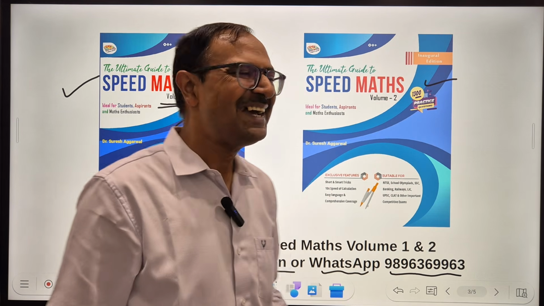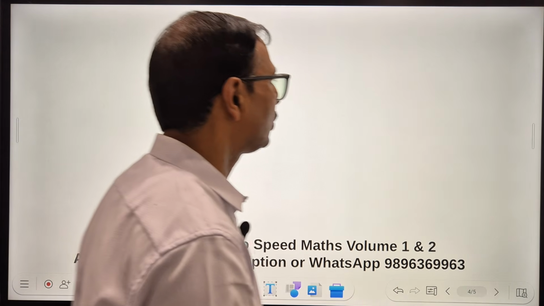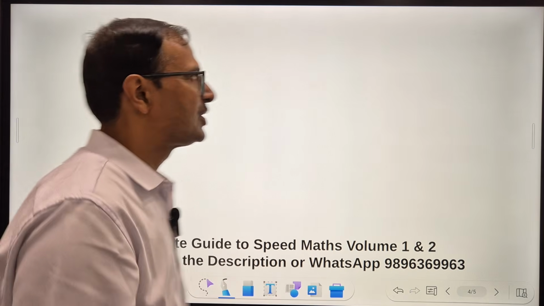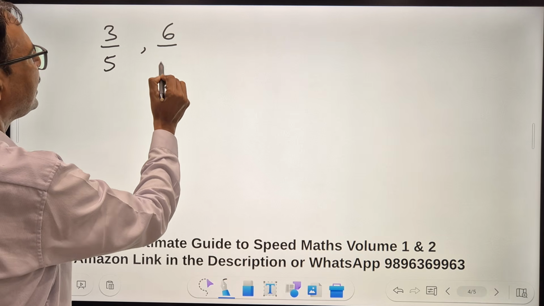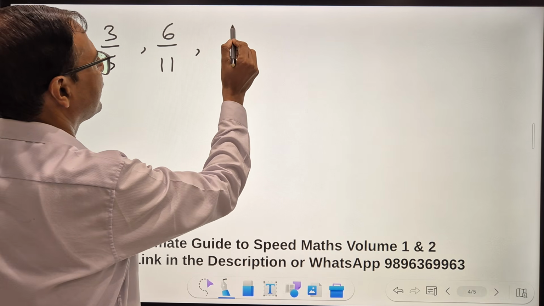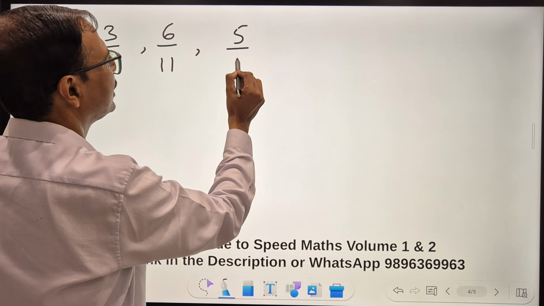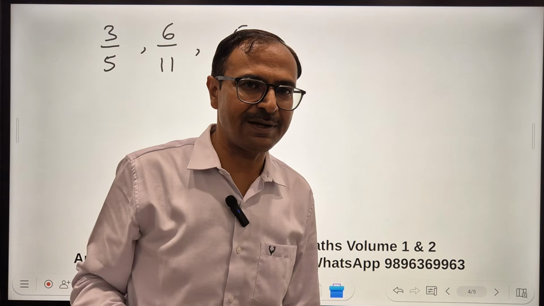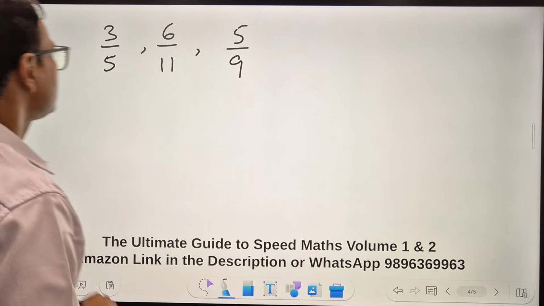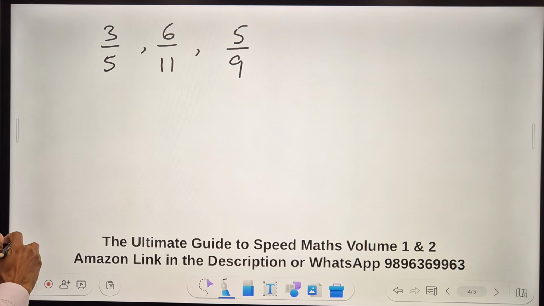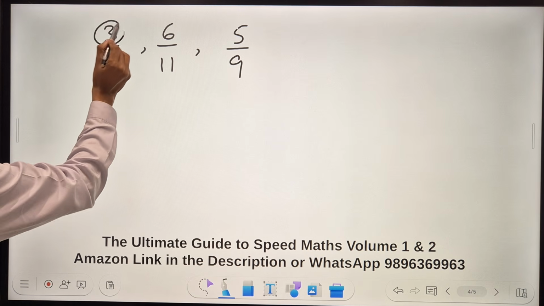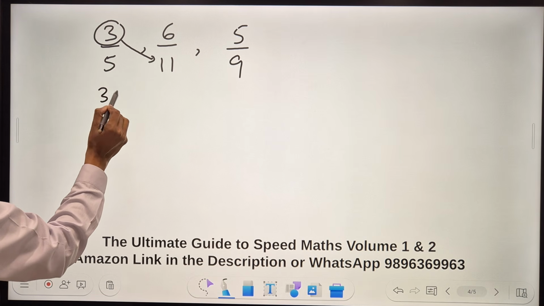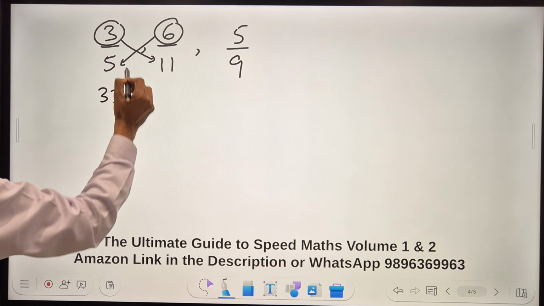So friends, let's have one more question where I'm going to find the largest fraction now. So let's take 3 by 5. How about 6 upon 11? And taking say 5 upon 9. I want to find the largest among these three fractions. First of all, I am going to compare the first two. 3 gives a product of 33 with 11, 6 gives a product of 30.